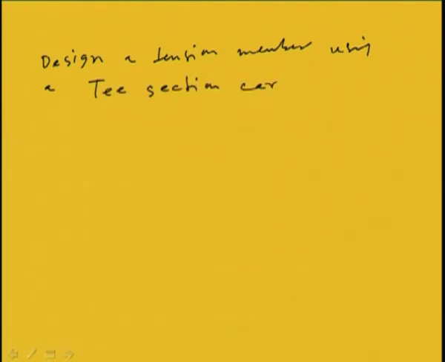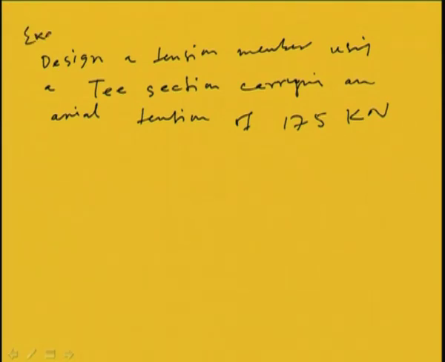Now we will go through another example through which we will be able to find out the design of a T section. So now we have to design a T section which has to carry 175 kilonewton axial tension.